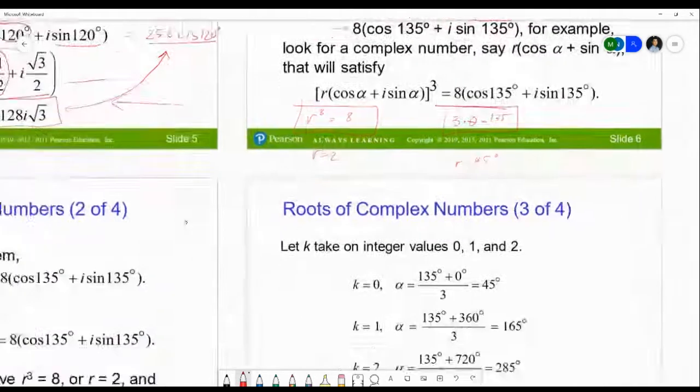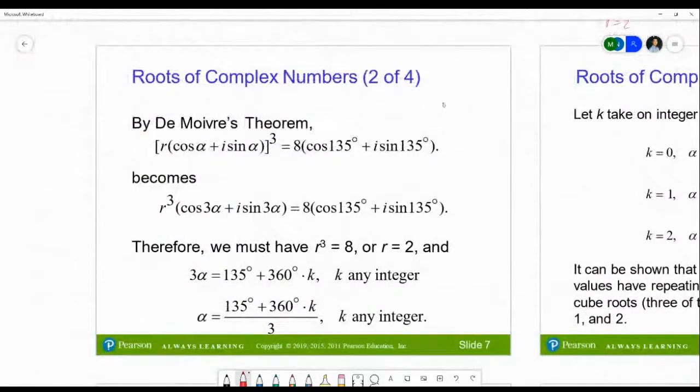Okay. So here you can see how they set this up. So we know that r cubed cosine 3 theta is equal to this. So we set r cubed equal to 8, and 3 alpha equal to 135. Okay. So the 3 alpha here, let's look at how they set this up.